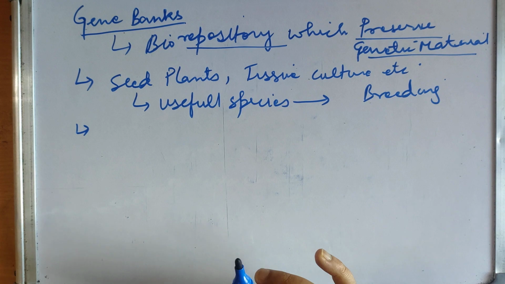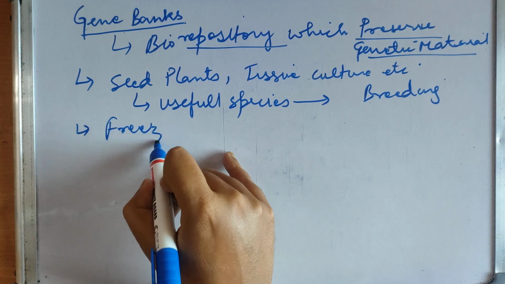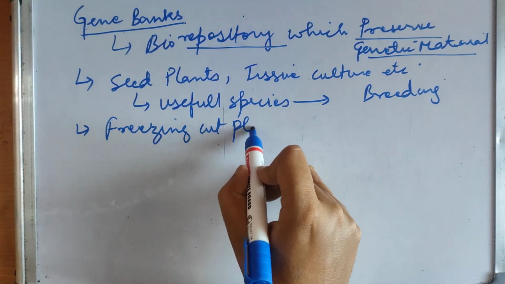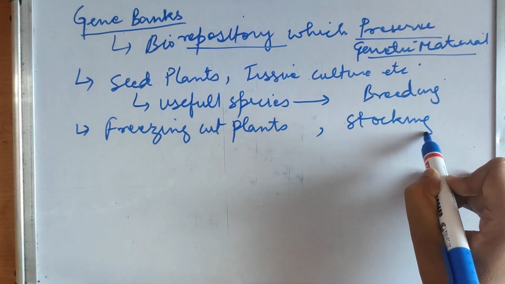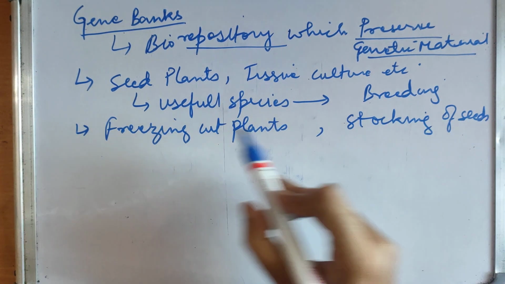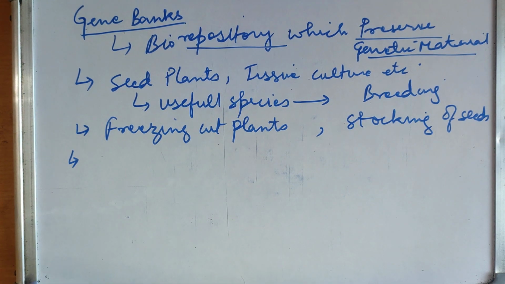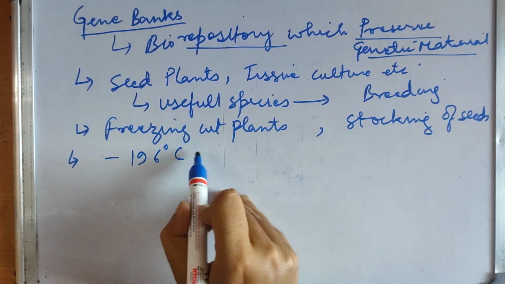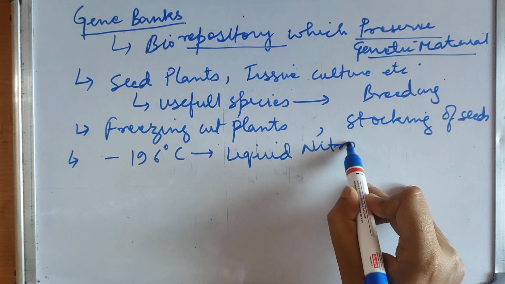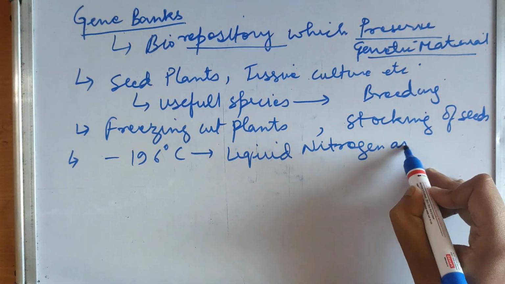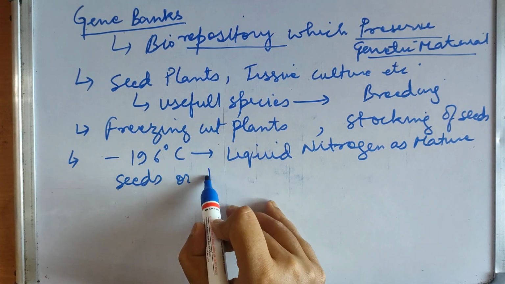In plants, this can be done by freezing cut parts or by stocking seeds. So plant genetic material in a gene bank is preserved at -196 degrees Celsius, that is in liquid nitrogen, as mature seeds or tissue.